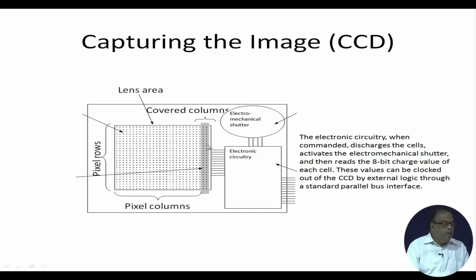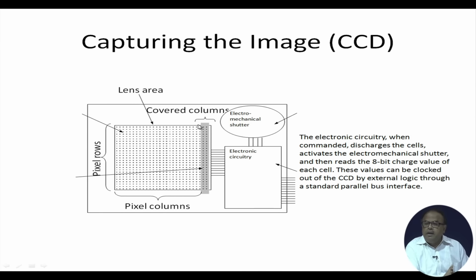So, 255 will be the highest extent of incidence or intensity, and 0 will be the least. And this electronic circuit will read those, and it can also be used to discharge these cells. Now, most importantly, you have to look at this.